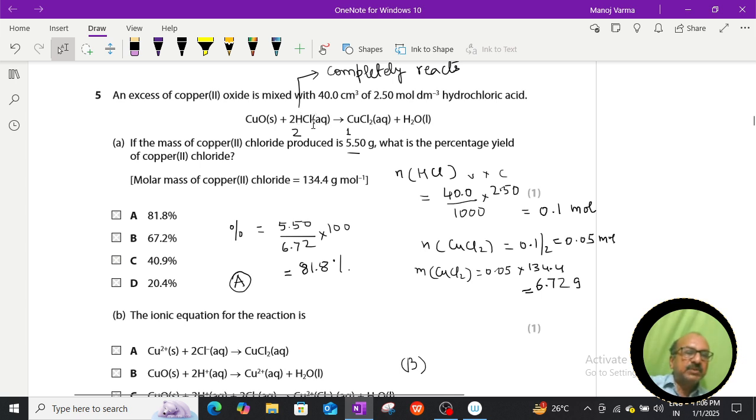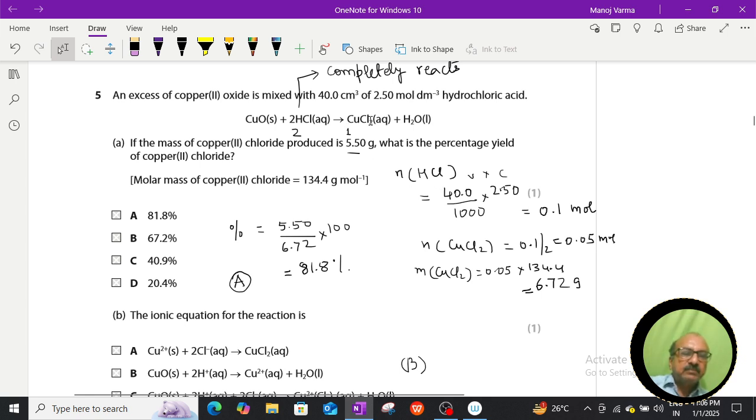So let us find out the number of moles of hydrochloric acid, which is the 40 centimeter cube times the concentration, but this volume will be in dm³. So I get the number of moles of HCl as 0.1 mole. Now again see the ratio is 2:1. That means if you have 0.1 mole of hydrochloric acid, you will get half of that, that is 0.05 mole of copper chloride.